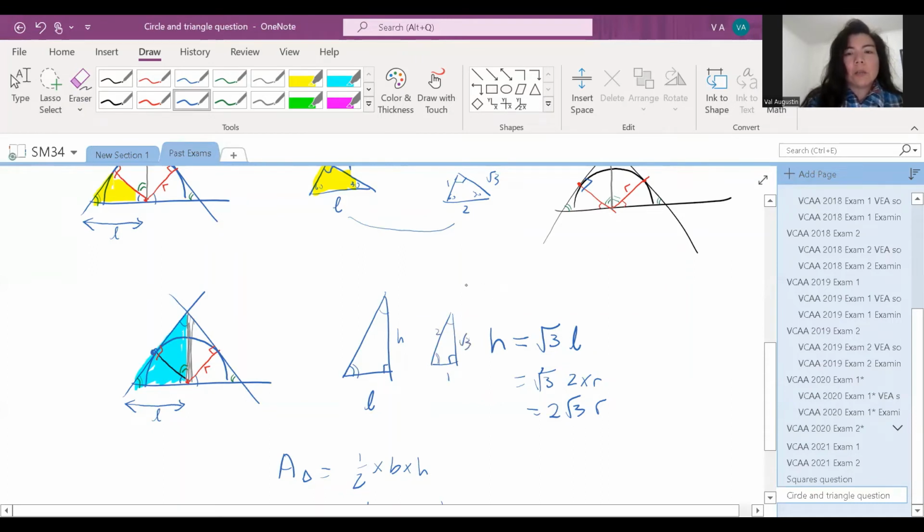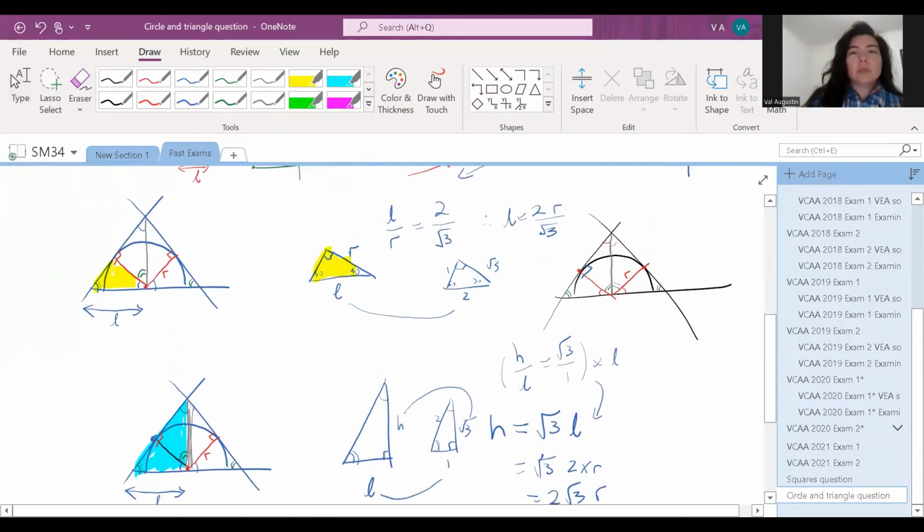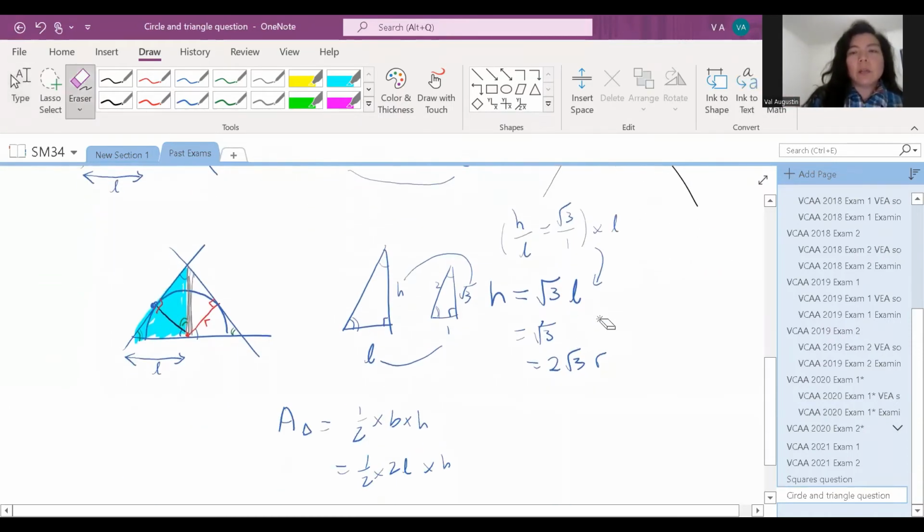So once again, we have our corresponding sides. H over L is equal to root 3 over 1. Therefore, if we multiply both sides by L, we end up with H being root 3 times L. But we know that L is 2R over the square root of 3. So we know then that H is 2R.